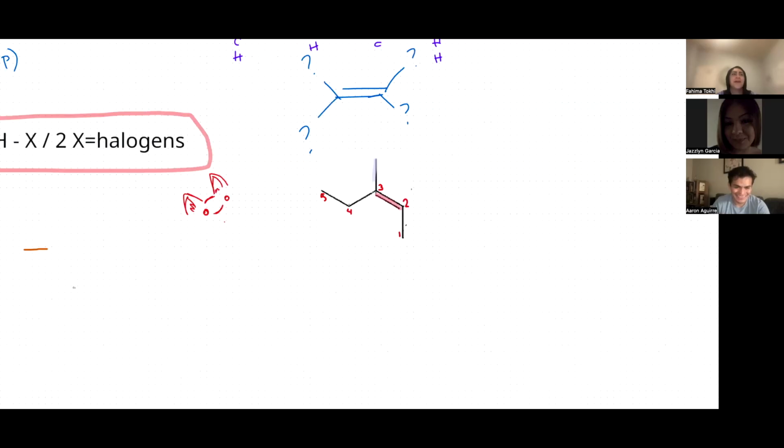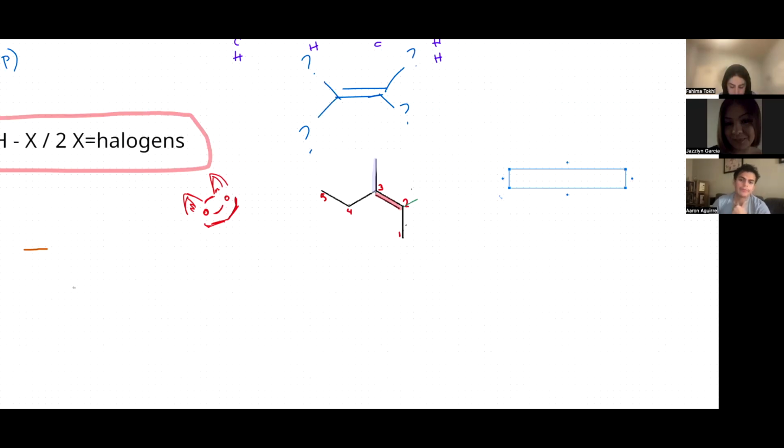1, 2, 3. If you were to list it following the rules, you're going to start off by listing the lowest alphabetical order. Before I say if it's E or Z, I'm just going to start off with saying what the structure is. Let me draw the imaginary hydrogen. It goes like this.